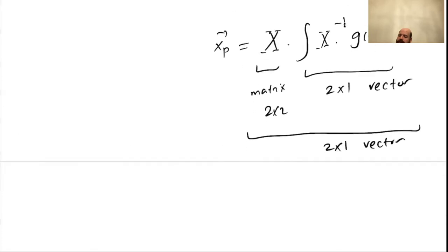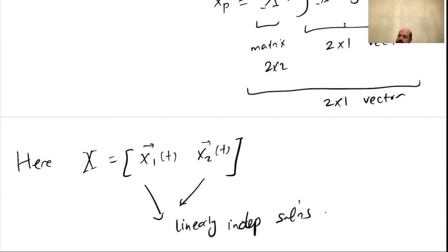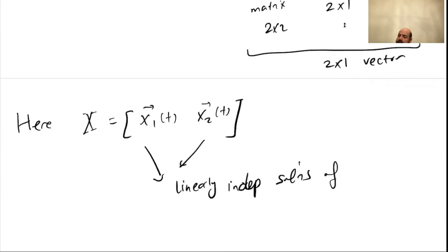And what is capital X? So here, capital X is the matrix whose columns are x1 of t and x2 of t. And these are the linearly independent solutions of x prime equals Ax.